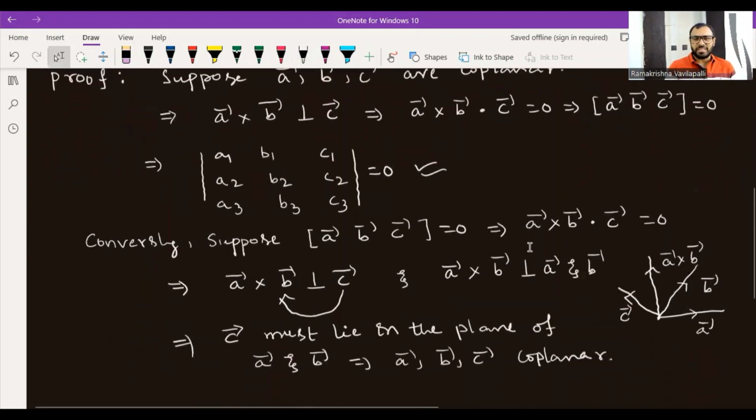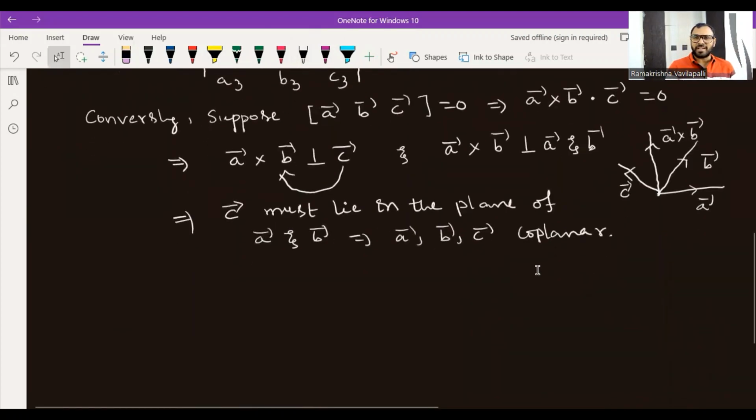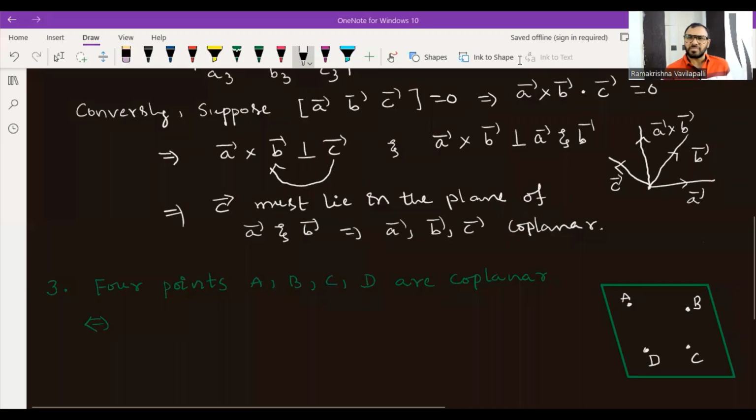So now, sometimes instead of vectors, they may give points also. This is also important. So here you see that 4 points A, B, C, D are given. 4 points are coplanar means they must lie on the same plane.